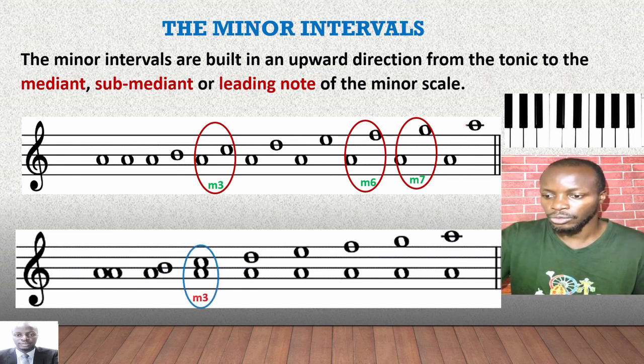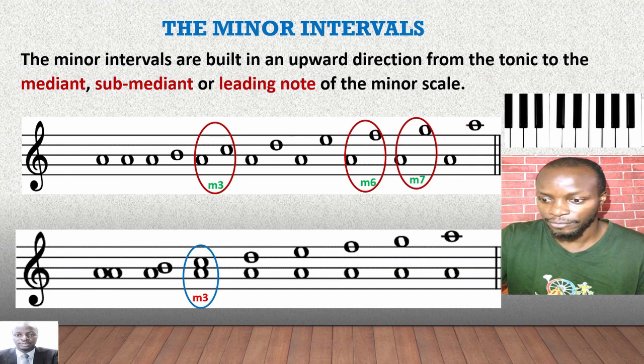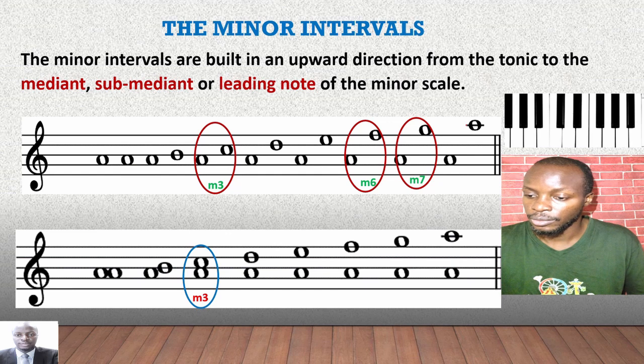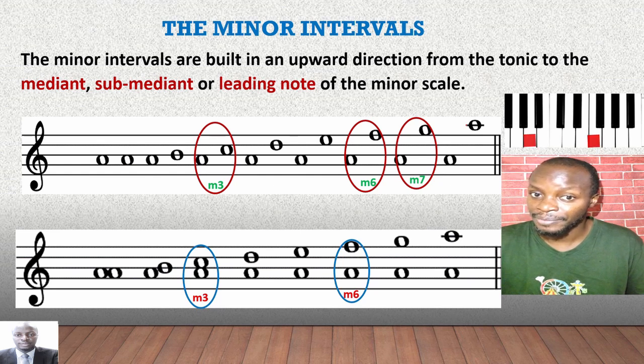And of course, we also have them in the harmonic intervals, right? In the harmonic intervals, that's the minor third and the minor sixth and the minor seventh, right? So when you play, that's a minor third, right? And La, Fa, a minor sixth, right?